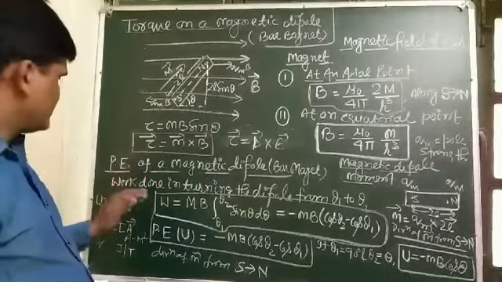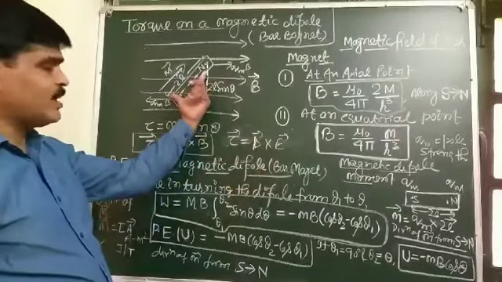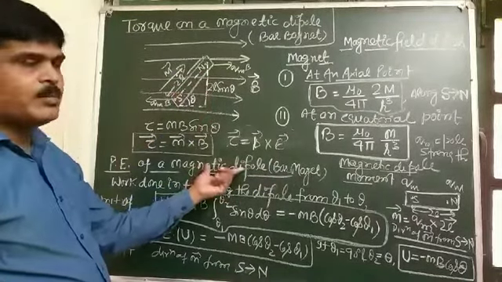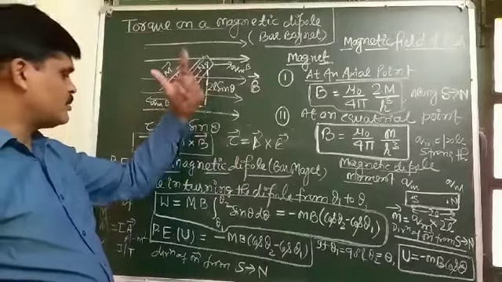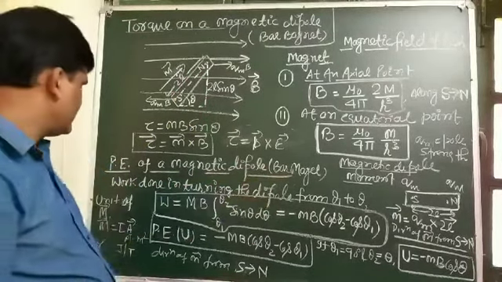And the next topic is potential energy of a magnetic dipole, the bar magnet. Here the magnetic dipole is assumed to be a bar magnet.